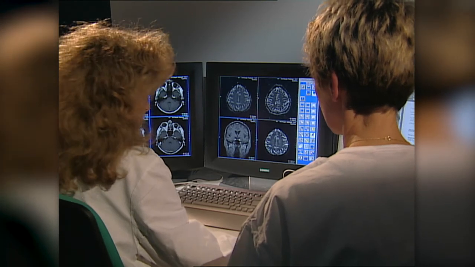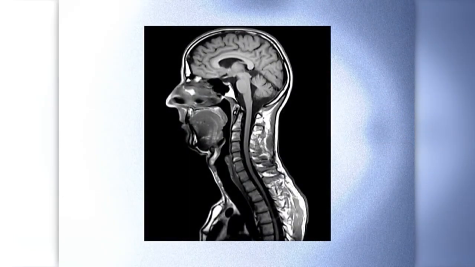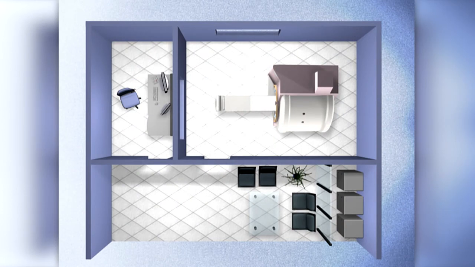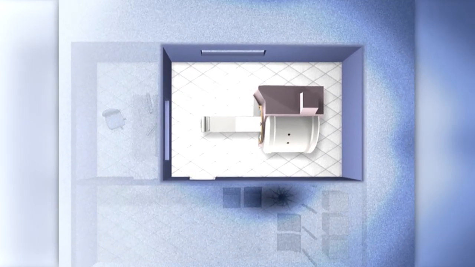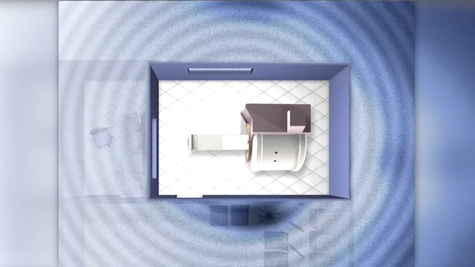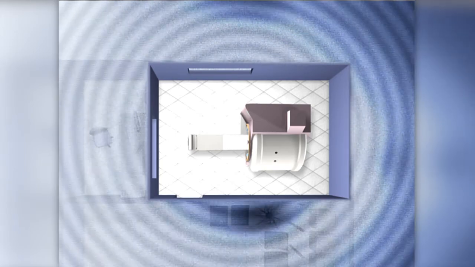A computer program analyzes the MR signals and generates an image of the distribution of the hydrogen atomic nuclei in the human body. The MR unit is housed in an RF enclosure. This ensures that the very weak signals from the RF pulses are not contaminated with interference and cannot cause radio interference themselves outside the enclosure.